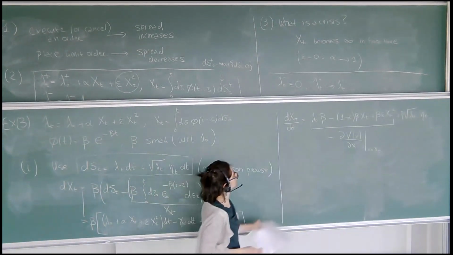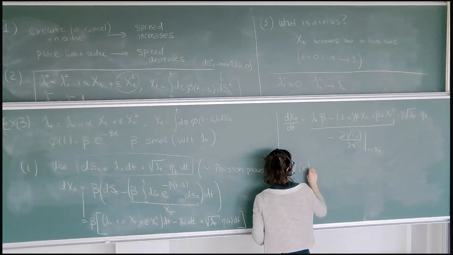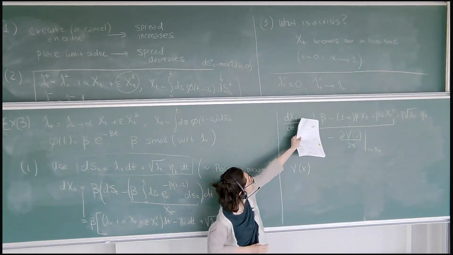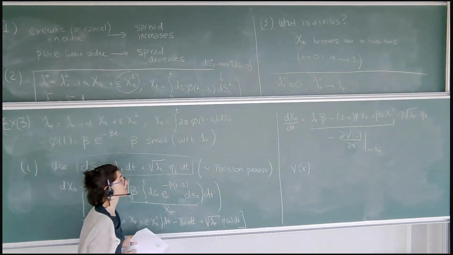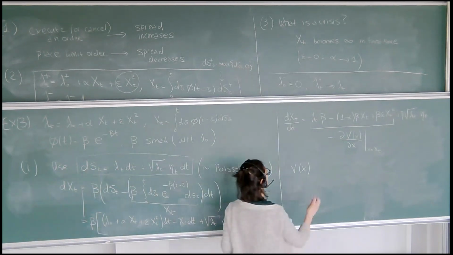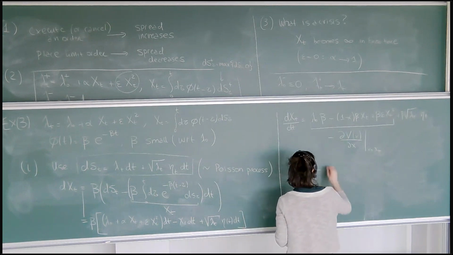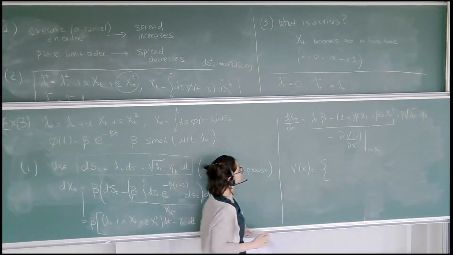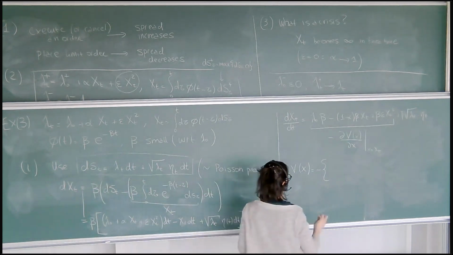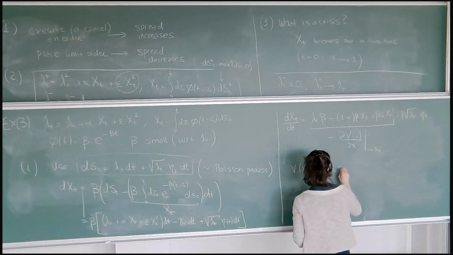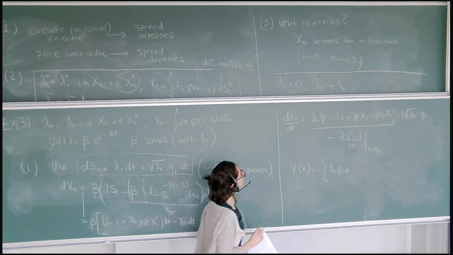Well, to recover the potential, since this is minus its derivative, I have to integrate this expression with respect to x, with a minus sign in front. Then lambda 0 beta integrated with respect to x will give me lambda 0 beta x.